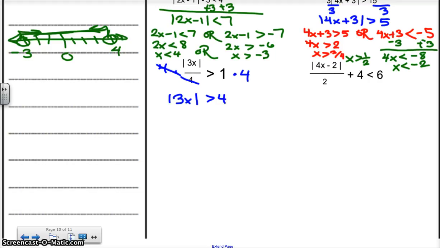Now my absolute value is alone, so I create my cases. 3x is bigger than 4, or 3x is less than negative 4. Solve. X is bigger than 4 over 3, or x is less than negative 4/3.